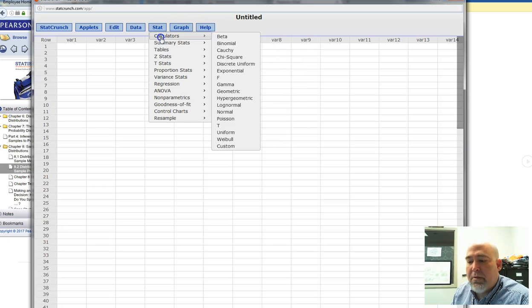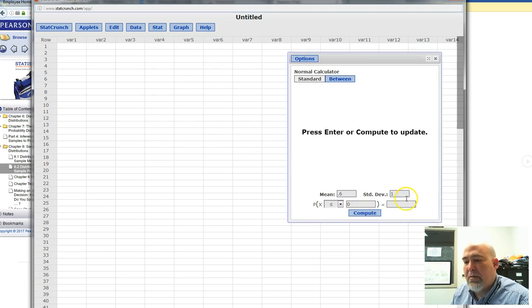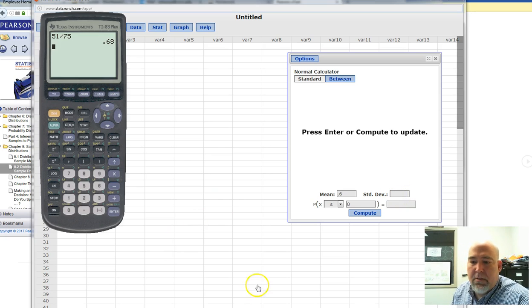So in calculators, approximately normal, so we're going to the normal calculator. Our p is 0.6, and our standard deviation is, oh, I lost it. I'll find it again. 0.6 times 0.4 divided by 75, so the square root of all that.